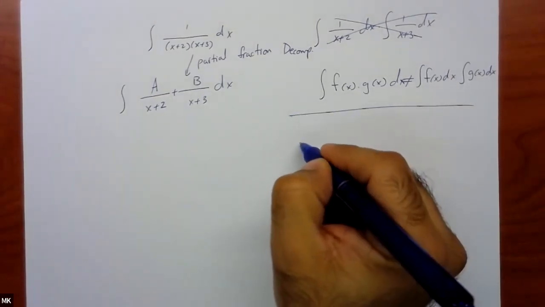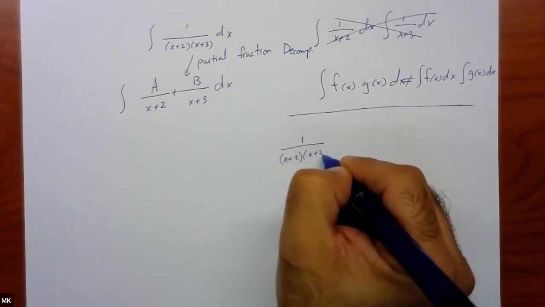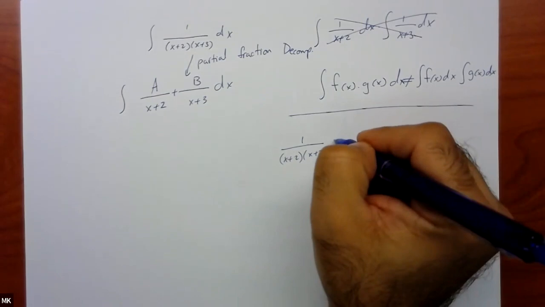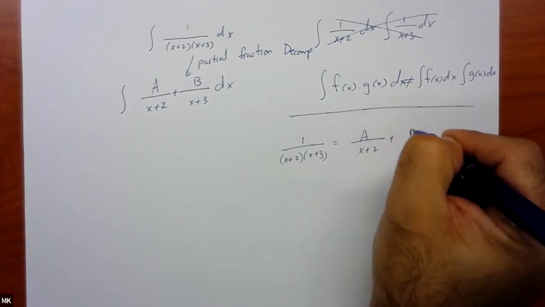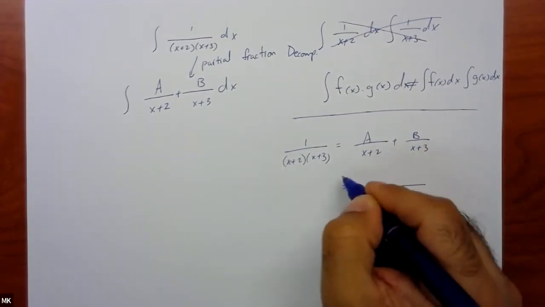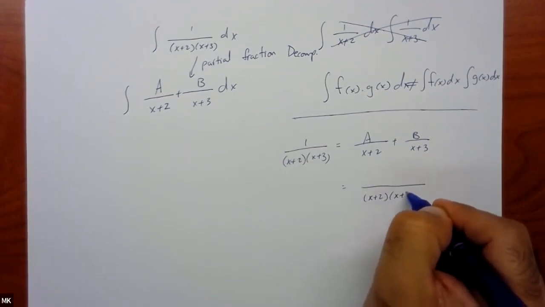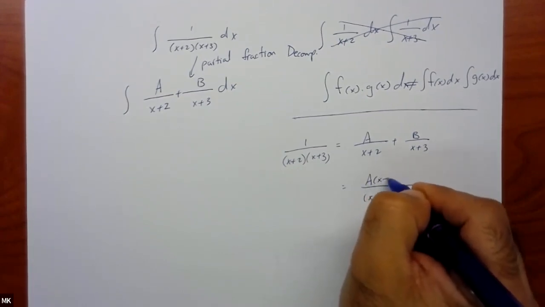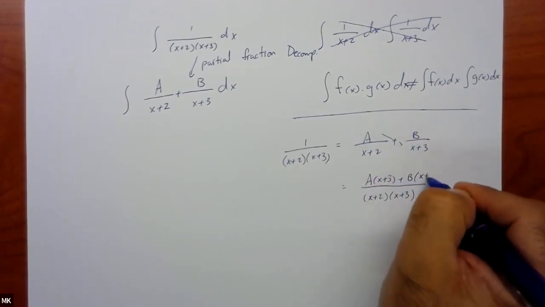We have 1 over x plus 2, x plus 3. And again, this is a very simple example, but it's a good starting point. It equals A over x plus 2, B over x plus 3. I'm going to take the common denominator on the right-hand side, so it looks like the left-hand side. So I get x plus 2 times x plus 3. And then I get A times x plus 3 plus B times x plus 2.